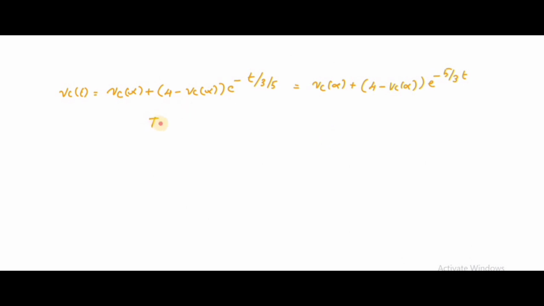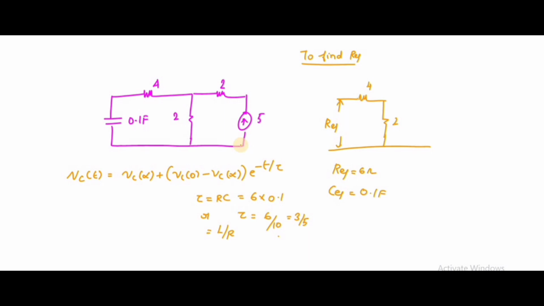So to find the value of Vc of infinity, you just open circuit the capacitor. Then I connect these resistances 4, 2 and 2 and 5 amps.